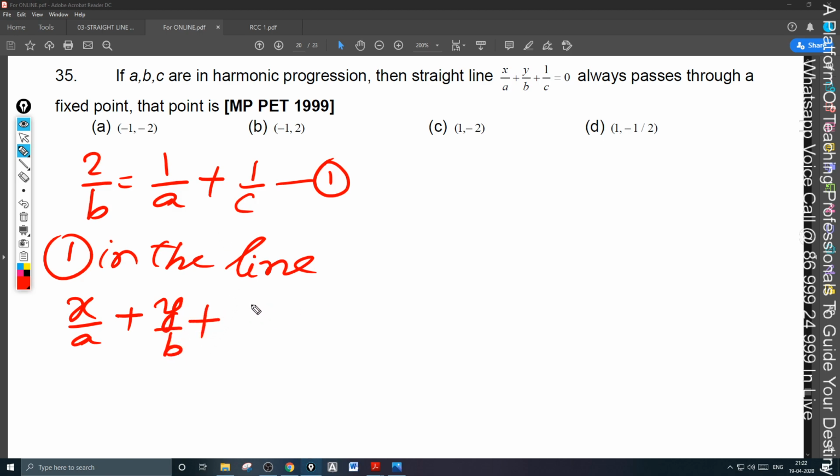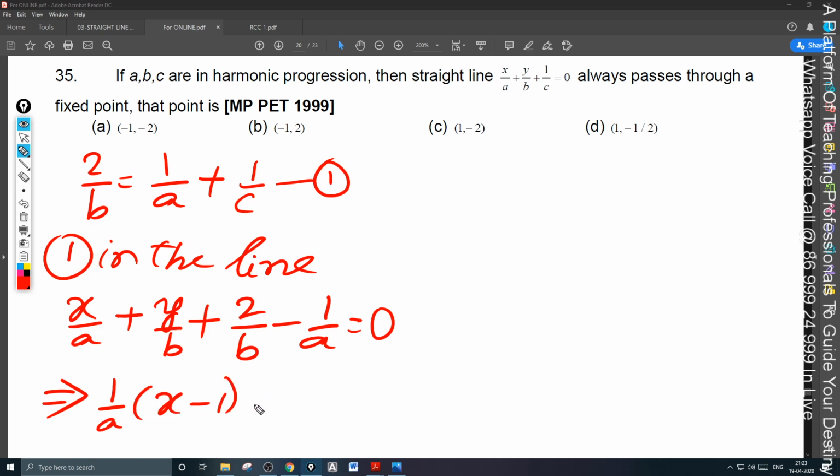Instead of 1 by c, write 2 by b minus 1 by a is equal to 0. So take 1 by a common: x minus 1. Take 1 by b common: y plus 2 is equal to 0.